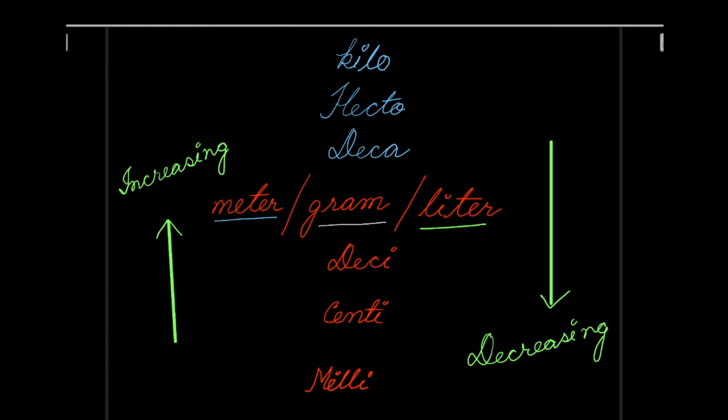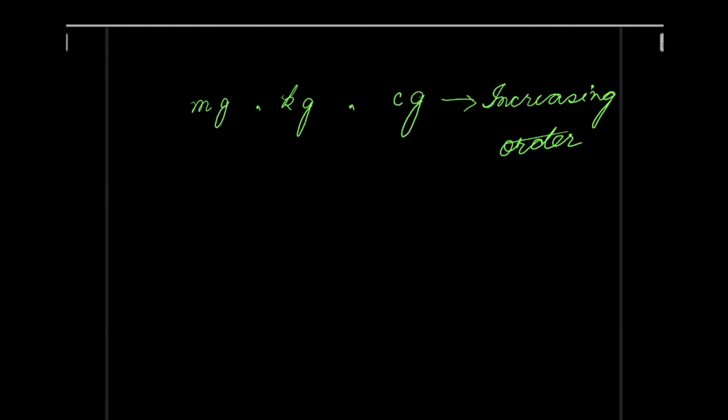Okay. Now see question. Increasing order. That means small to large. So first what will come? What unit will come? Shortly we have to write it here. Milli, centi, deci, gram, deca, hecto, kilogram. So first what will come? M. So mg.